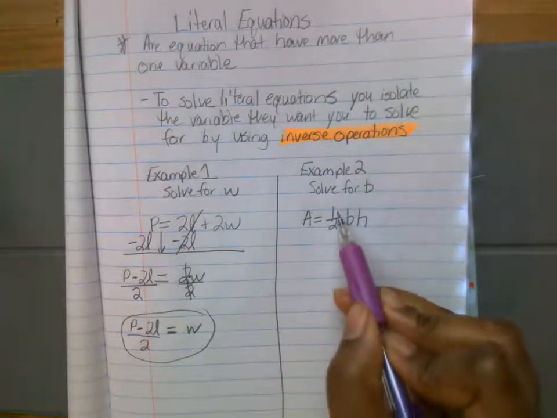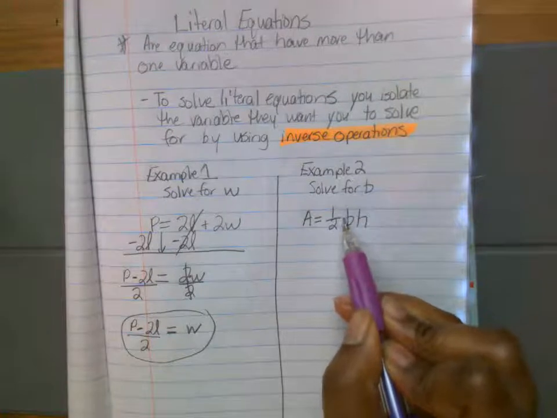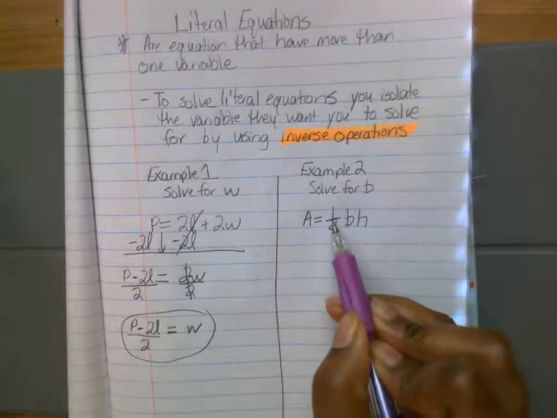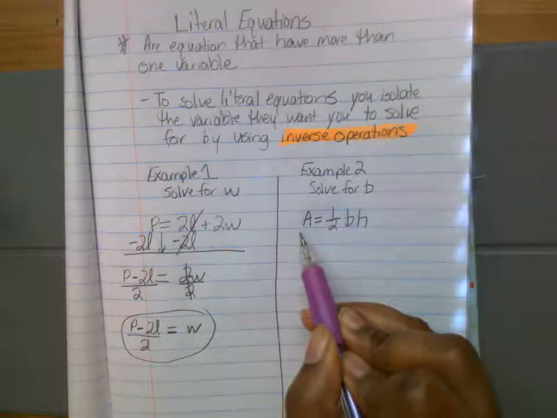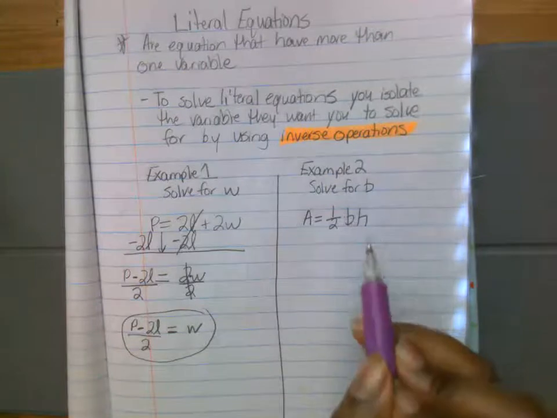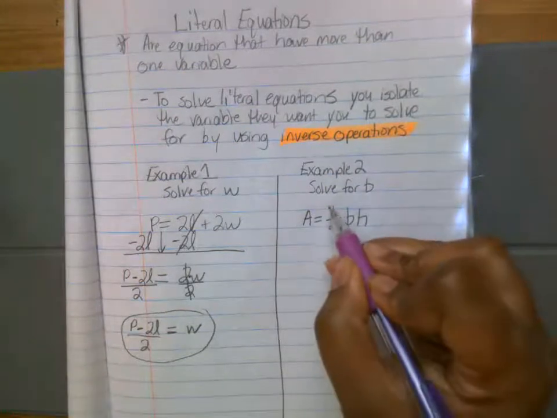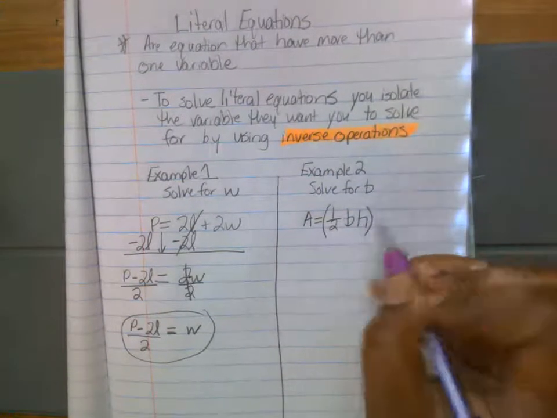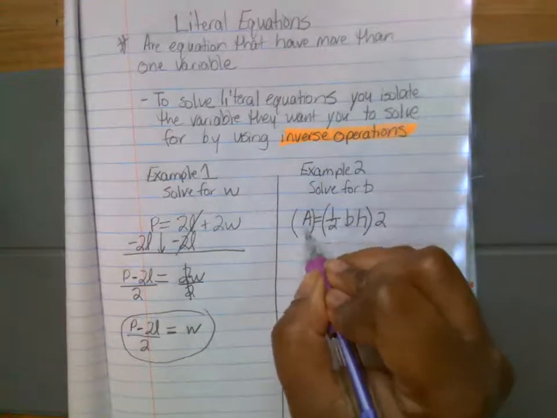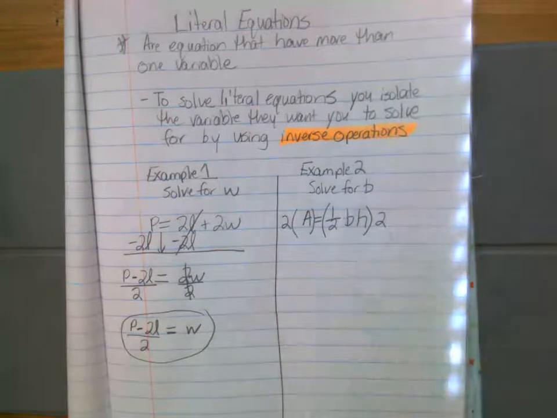We're going to move the 1/2. This is multiplication here. The opposite of multiplication is division. So we would divide by 1/2 on both sides. Well, when you divide by fraction 1/2, that's the same as multiplying by the reciprocal. The reciprocal of 1/2 is 2. So you're going to multiply by 2 on both sides.